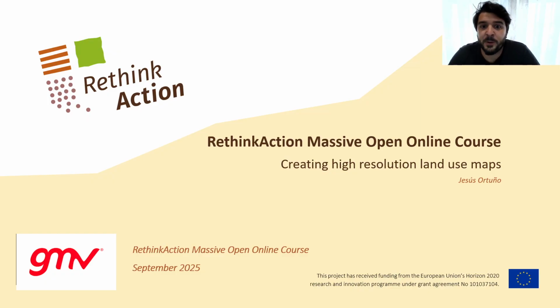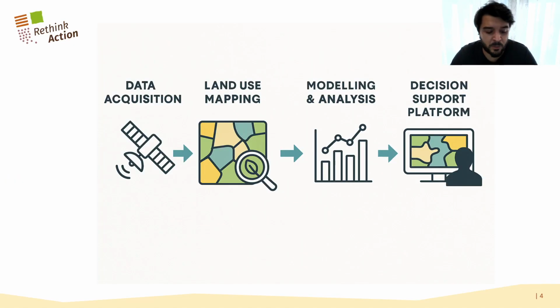Because how we use the land for agriculture, cities, energy, and conservation has a huge impact on climate change, both in terms of emissions and resilience. And because good planning starts with good data. Let's dive now into the methodology.